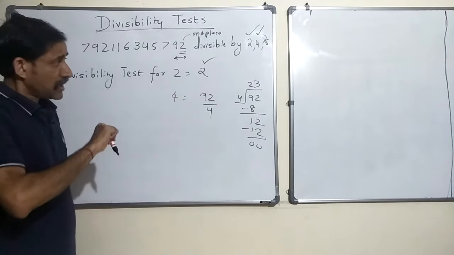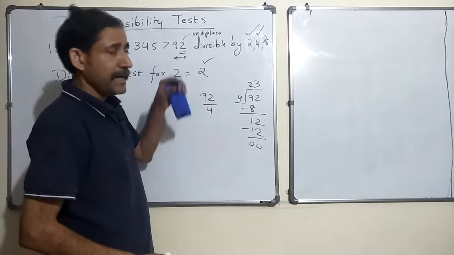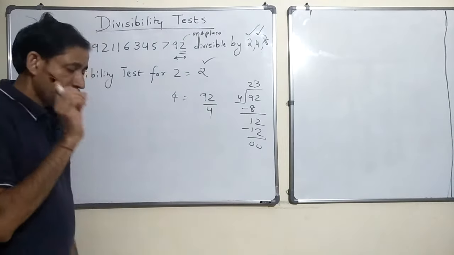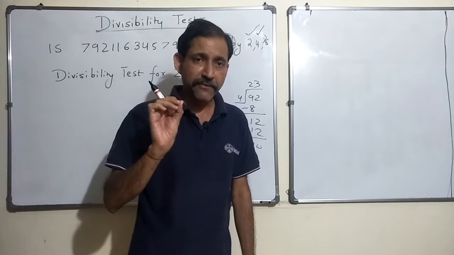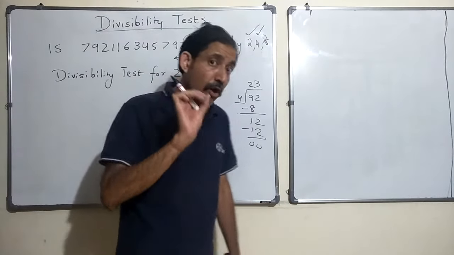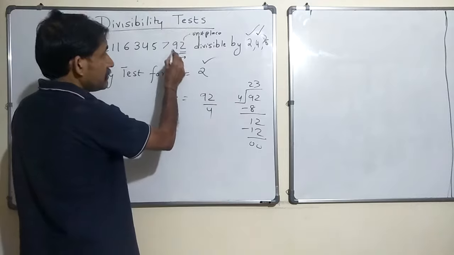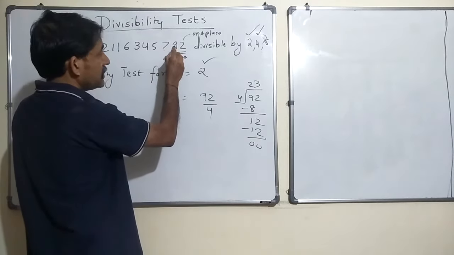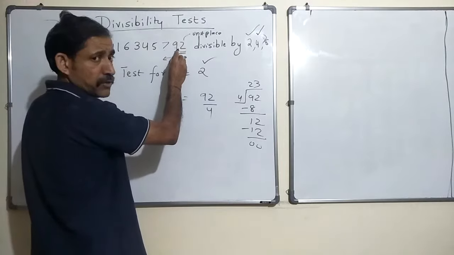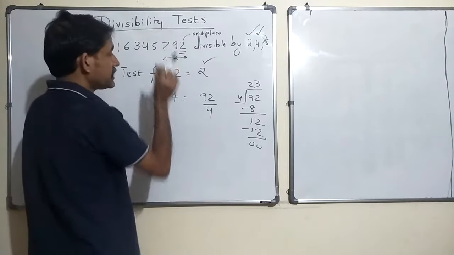Now let's come to the divisibility by 8 test. The test says that a number is divisible by 8 if the number formed by the last three digits, that is the digit in the hundreds place, the digit in the tens place and the digit in the units place, is divisible by 8.